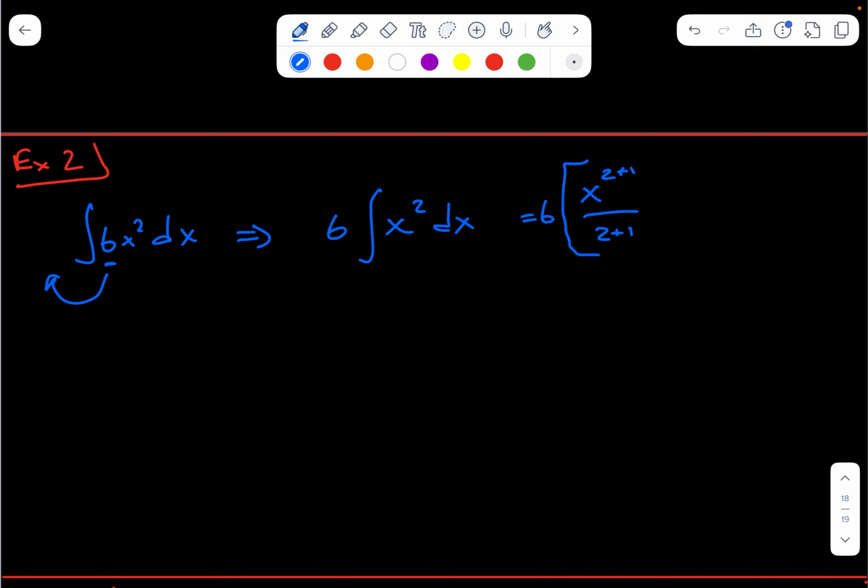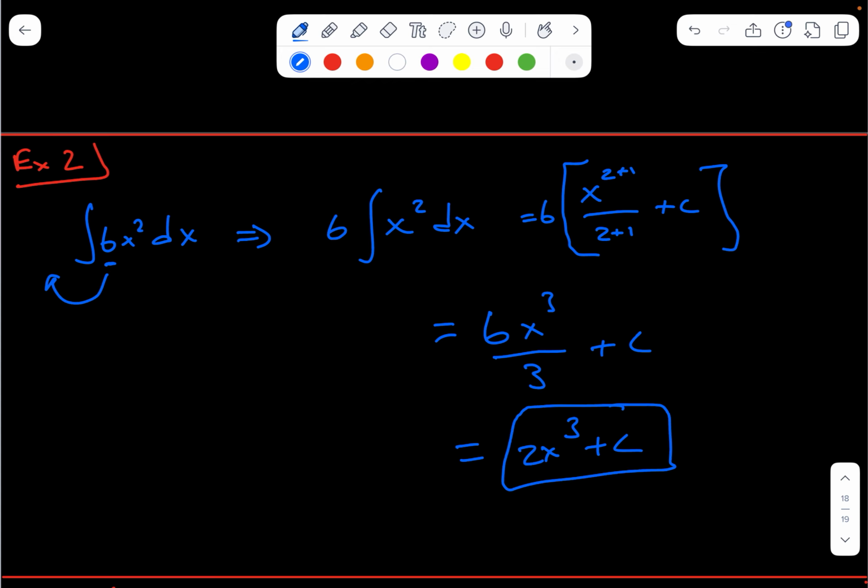Don't forget your 6 out in front, plus c. So what this ends up being is 6 x cubed over 3 plus c, and we can simplify that down to be 2x cubed plus c. And that is our answer.